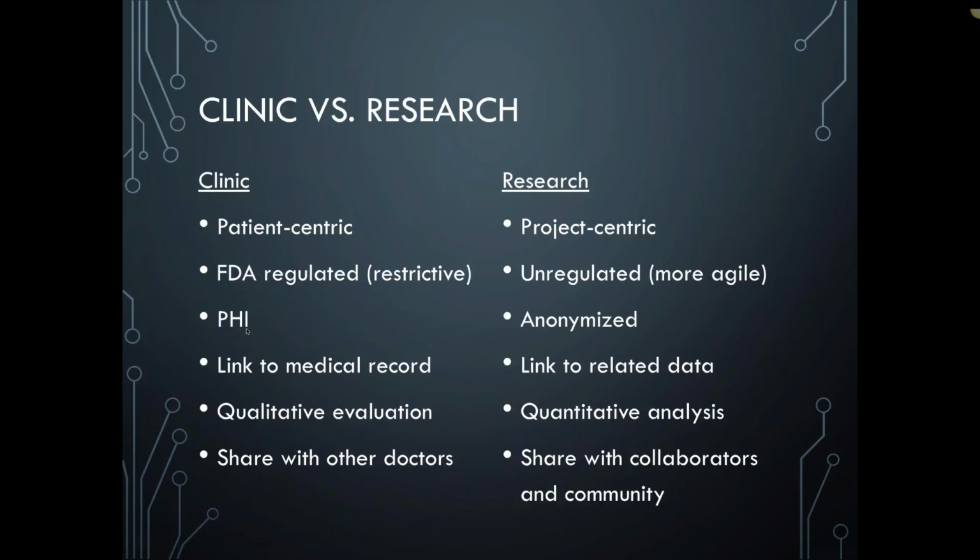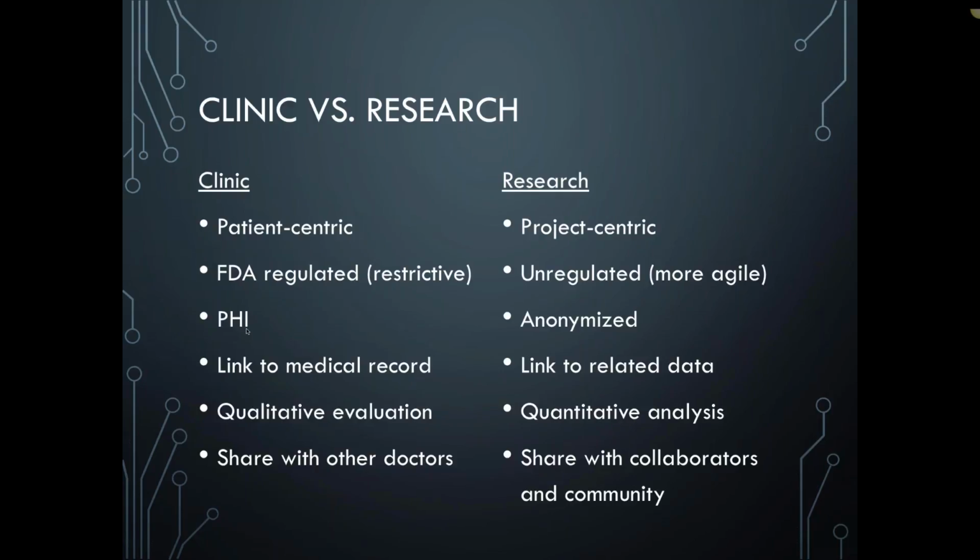Versus on the research side, we're often sharing more selectively with our collaborators and then eventually with the community. But that data sharing follows a progression of broader and broader access as data goes through the research process and publication.